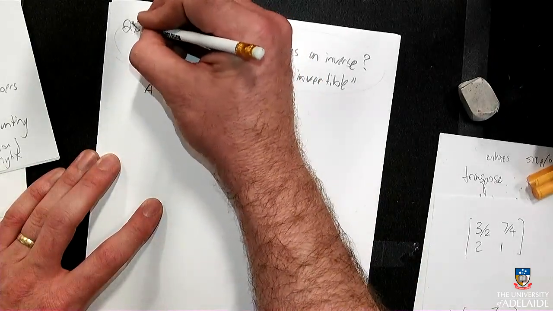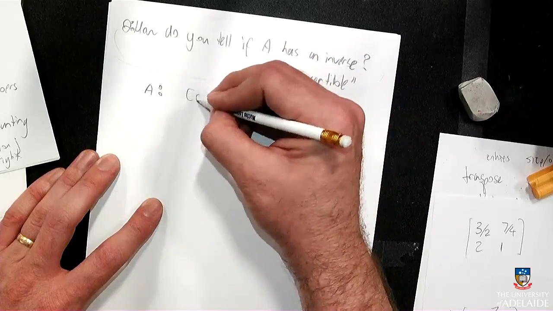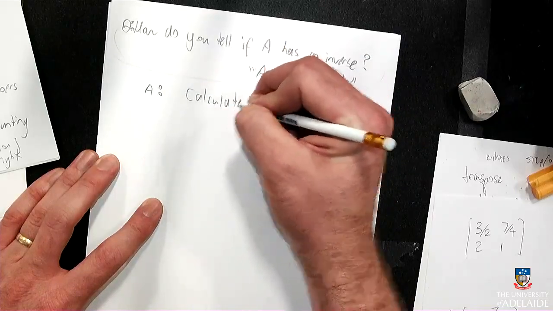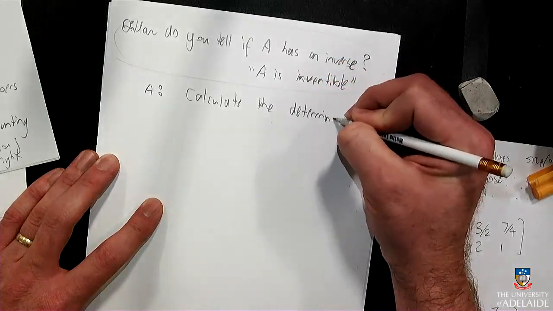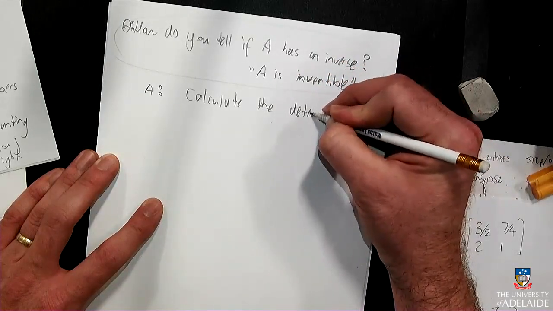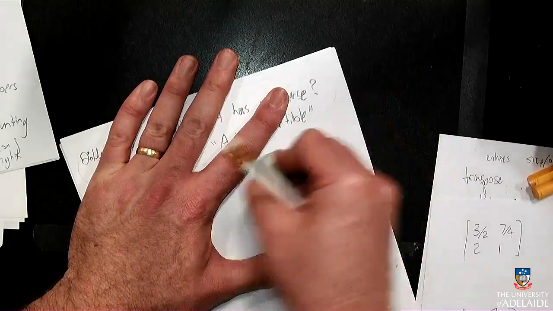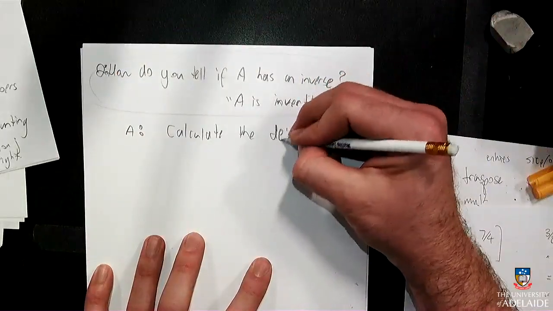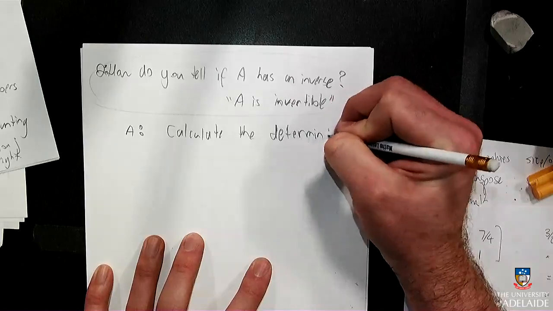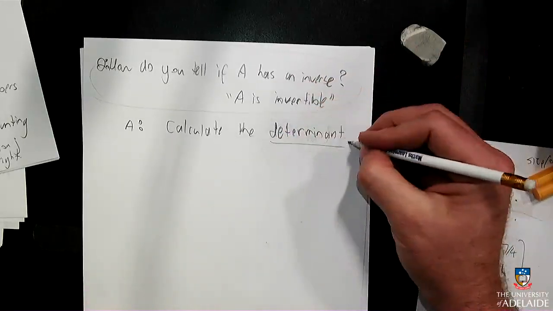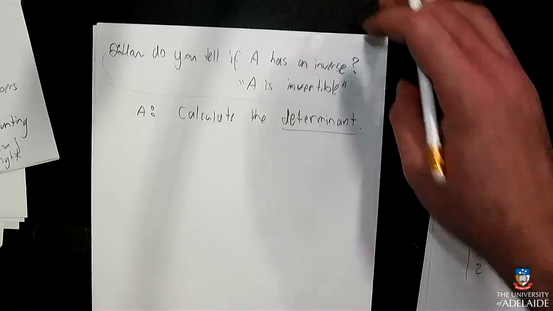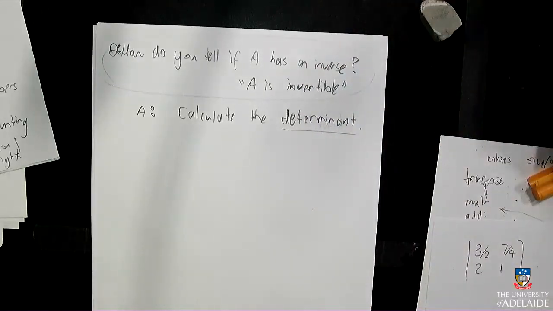So the question is, how do you tell if there is an inverse? The answer is calculate the determinant. Now, the determinant is a thing that tells you whether you have an inverse.